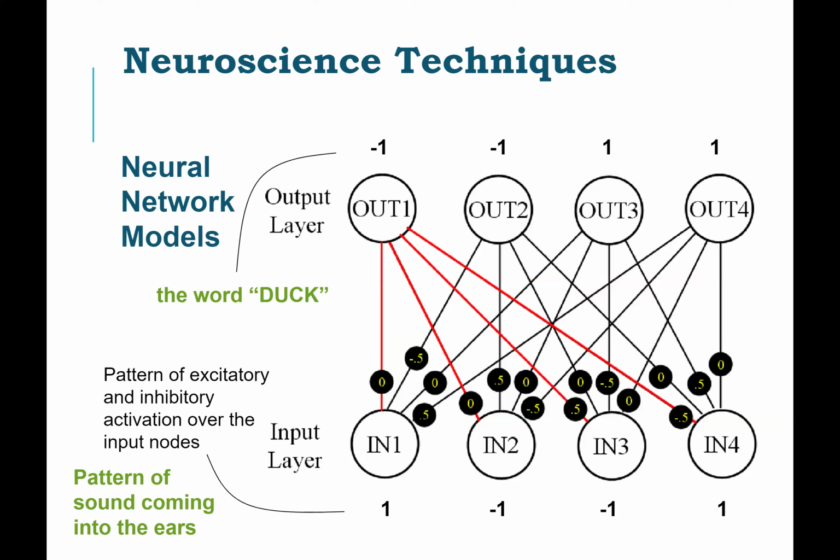The connections in those models are usually called parameters. And here we have 16 parameters, and some of them are 0. How many parameters does a large language model have? Someone wants to take a guess? Billions, right?